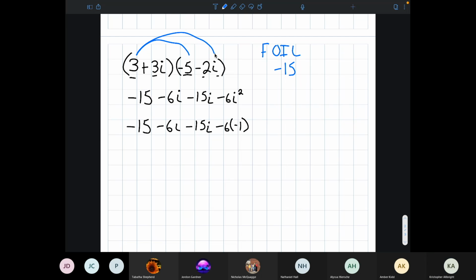Outer, which would give us negative 6i. Inner, we would do this one, negative 15i. And then we would do last. So just going in order, now we end up with negative 6i squared, which is what we ended up with here. See what I'm saying?